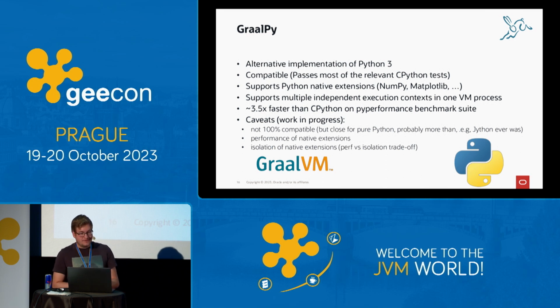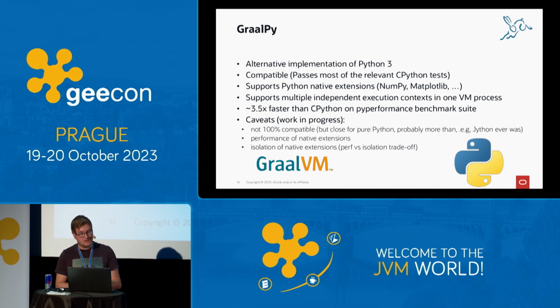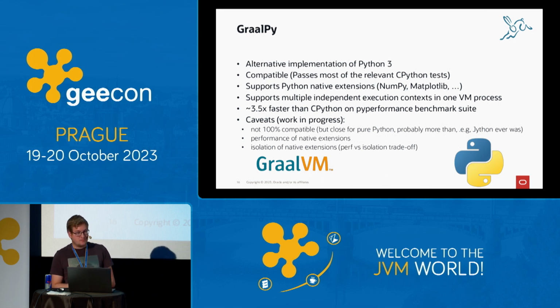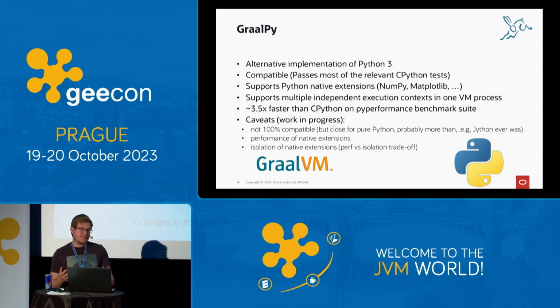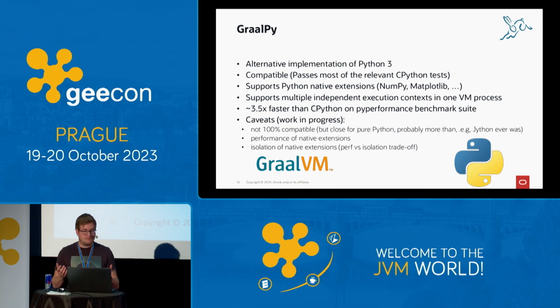The performance of native extensions, well, we're using JNI or Panama under the hood to run the native extensions and communicate with them. And as you might be aware, there's some overhead with this approach, but we're working on removing that as much as possible. Also, if we run native extensions really natively as native code, there is no isolation.